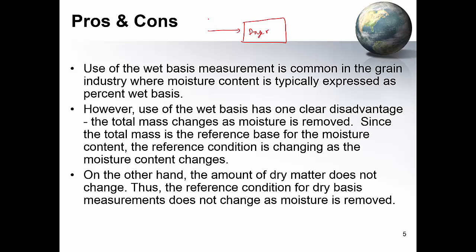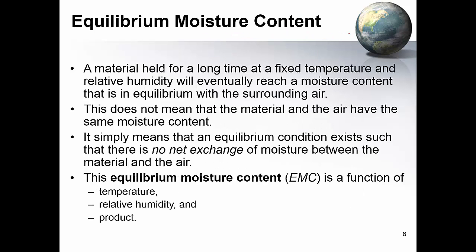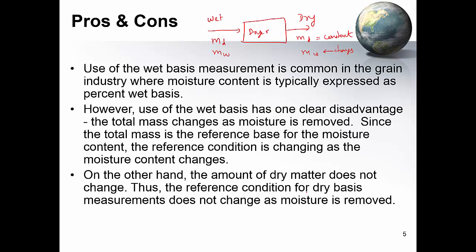If the wet product is getting in and a dry product is coming out, the dry matter remains constant, but the amount of water changes, right? Whereas the dry matter remains constant. So it's better to have the denominator constant, right?